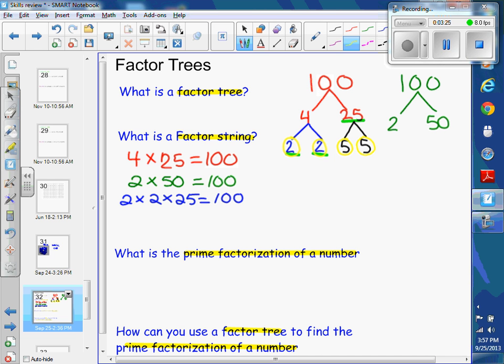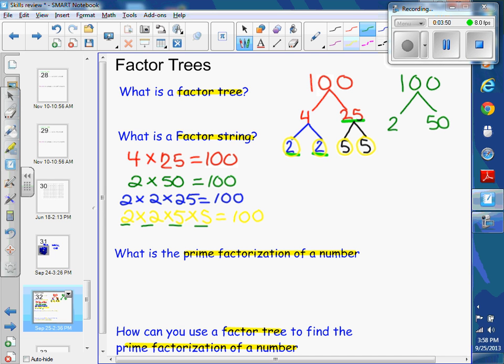So now I have a longer factor string, 2 times 2 times 5 times 5. That also is another way to get 100. This last factor string, if you notice, all of these numbers here are prime numbers.